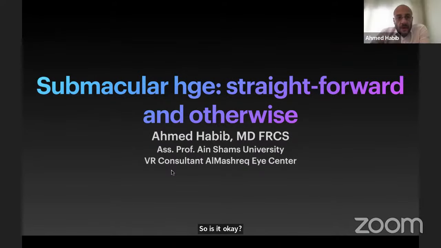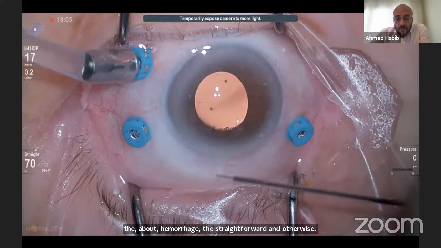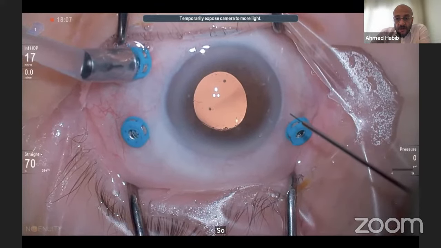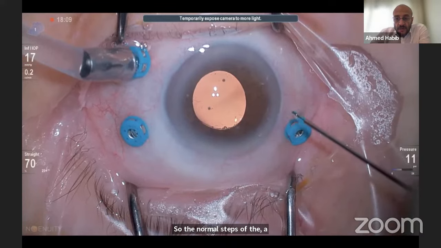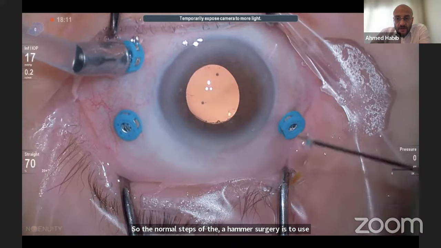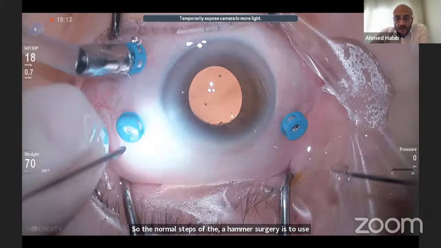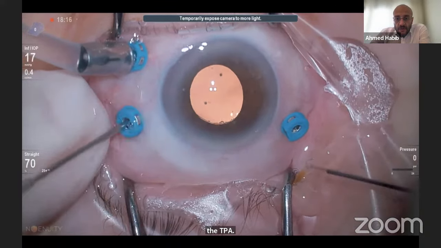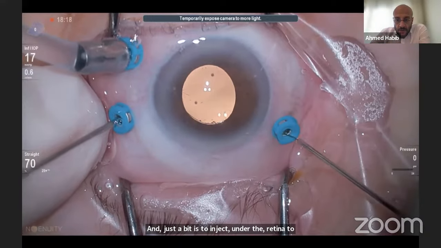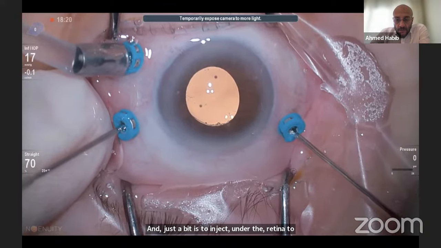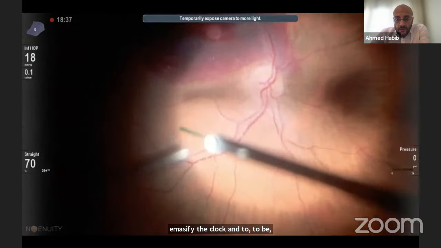So my talk is about submacular hemorrhage, the straightforward and otherwise. The normal steps of submacular hemorrhage surgery is to use TPA, and the gist of it is to inject TPA under the retina to emulsify the clot and to be absorbed. So I use the 41 gauge needle.